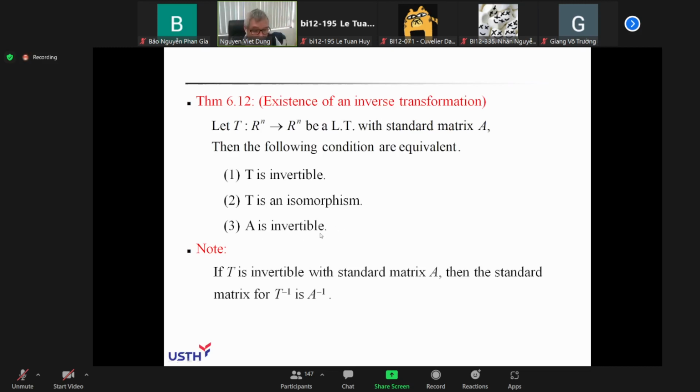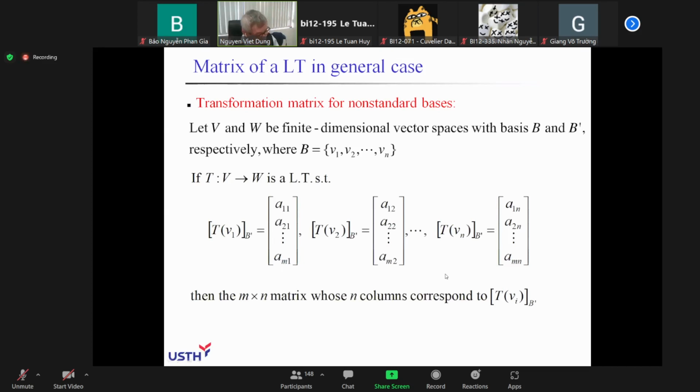And more than that, in case T is invertible with standard matrix A, then the inverse of T will have standard matrix A inverse. And that is a standard matrix for a linear transformation from Rn into Rn.